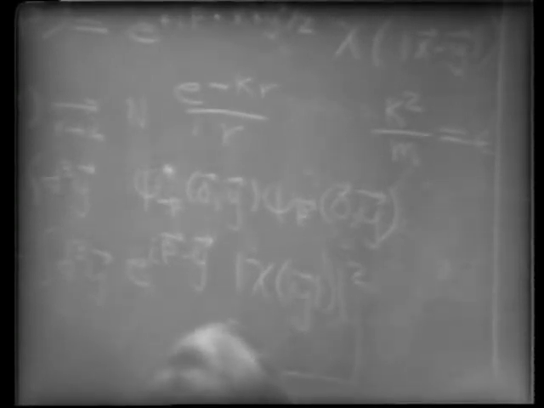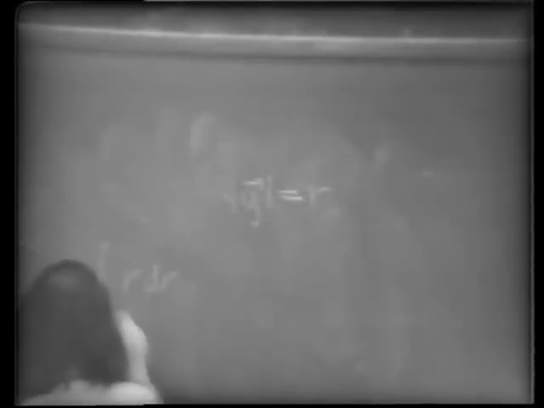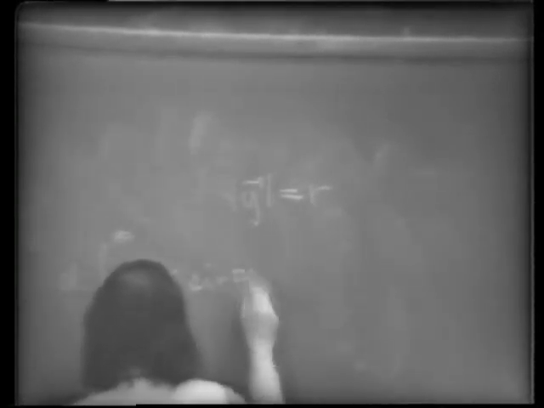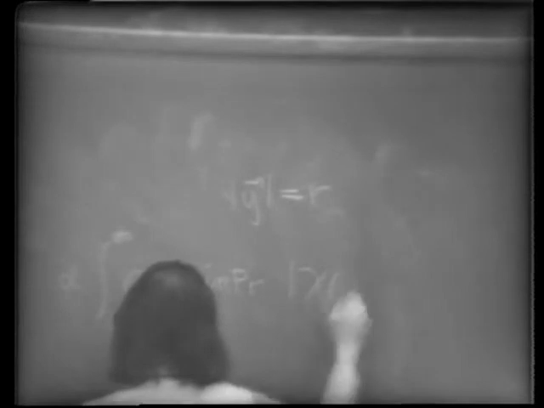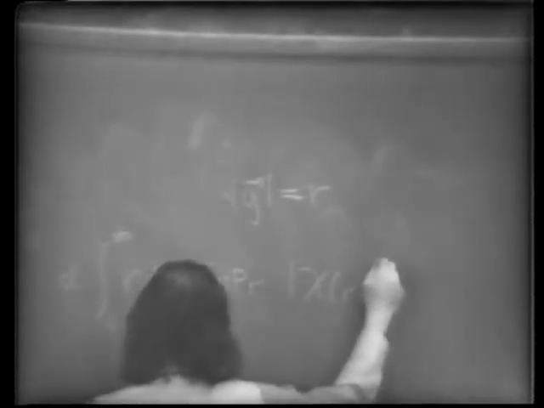If I call the magnitude of y r, I can of course trivially do the angular integrations, and I obtain something proportional to the integral of r dr from 0 to infinity, by the standard trick, sine pr over pr, psi of r quantity squared. Now this defines the object in the region in which it is physically defined, for real values of p.